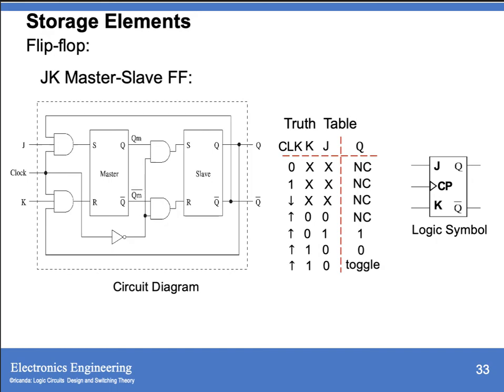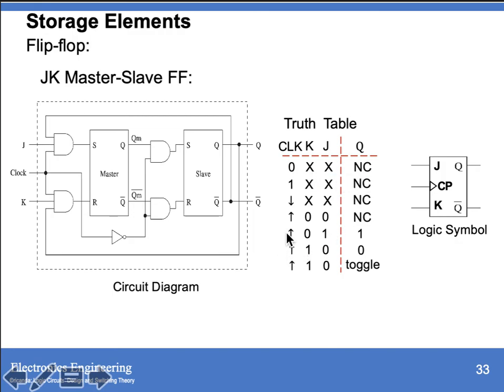Then for the master slave, so this is your master slave, you have two RS connected in cascade with your clock connected to your AND gate and also to the second AND gate, but this time it is complemented. So this is the truth table of your master slave. It is the same as your JK flip-flop when clock is equal to 1. So if J and K are all X, then that is no change.